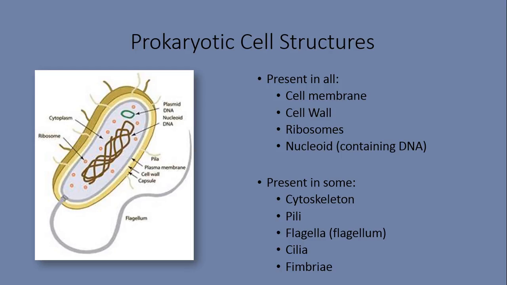If a cytoskeleton is present, it is more like a protein framework that is involved in cell division and also helps with the shape of the cell. And the ribosomes that are found in all prokaryotic cells are used for protein synthesis for the cell. It provides the proteins that are needed for the prokaryotic cells.